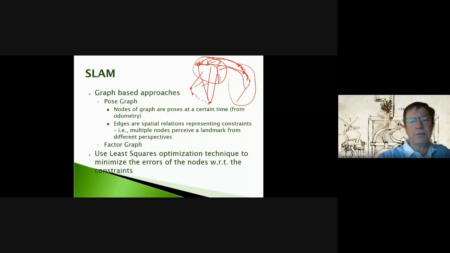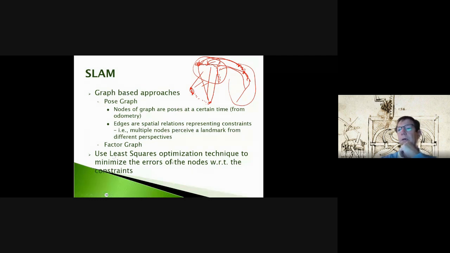Now we can decide, should those line up together, or are they offset some, or something like that. So we're going to observe some errors associated with that. And we're going to use an optimization technique to minimize those. So we're going to minimize the errors of the nodes with respect to these constraints.